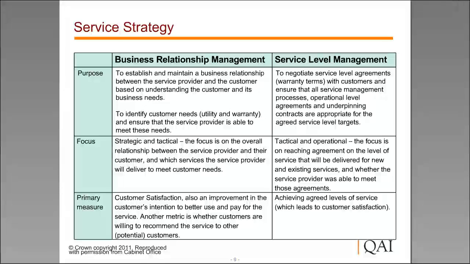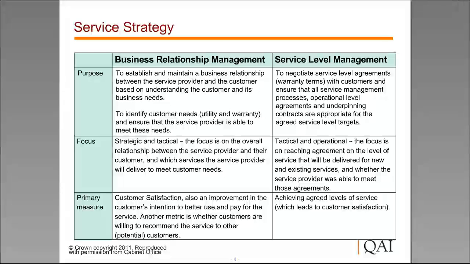They will have a little bit of overlap, but business relationship management is more about maintaining the relationship between IT and the business, identifying the new needs of the customer, and ensuring that those needs are properly fulfilled. Whereas service level management will concentrate on service level agreements, either designing those SLAs or providing those services within them.